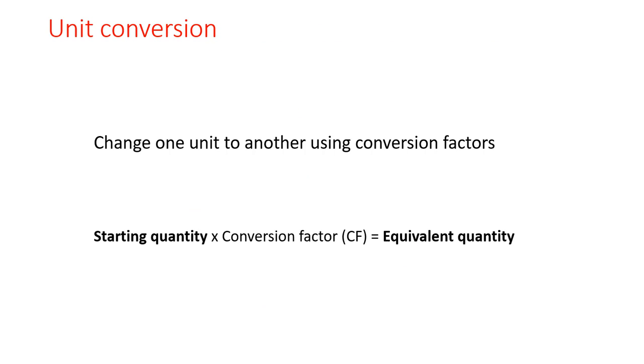Normally, you have a starting quantity, the quantity that you are given, times the conversion factor to give you a new unit. So starting unit times conversion factor gives you a new unit. We are going to look at examples that will give us an idea what this is.